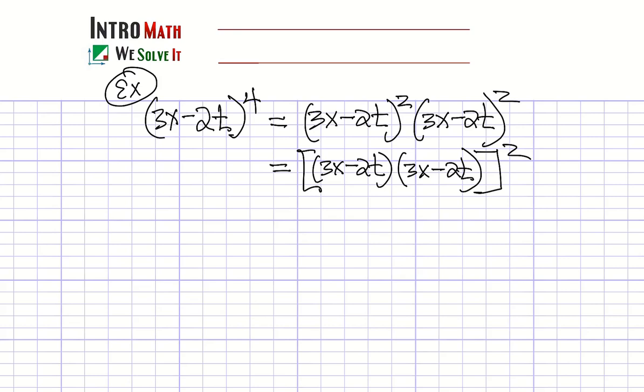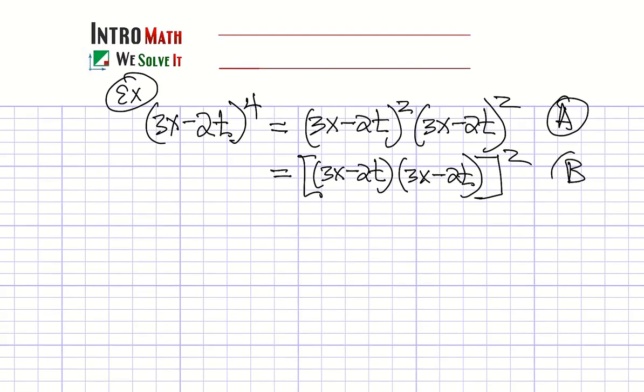Just take the power out. That's one way. Let's call this method A, and this is method B.